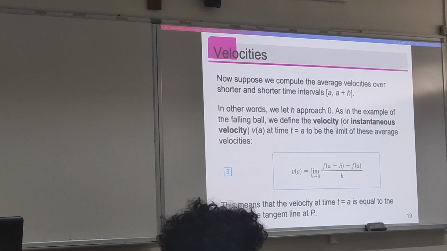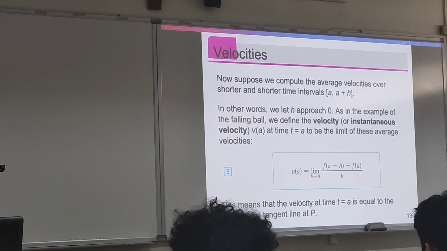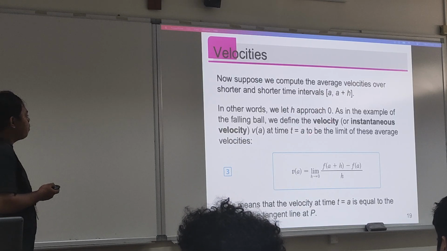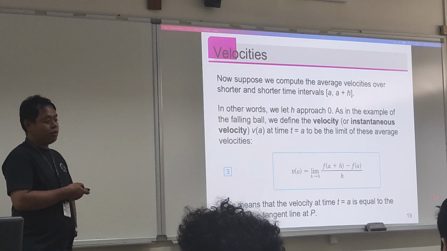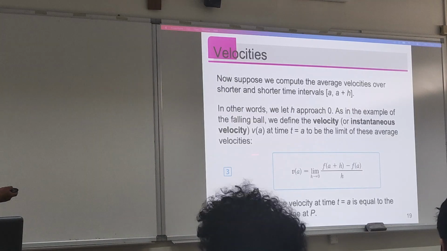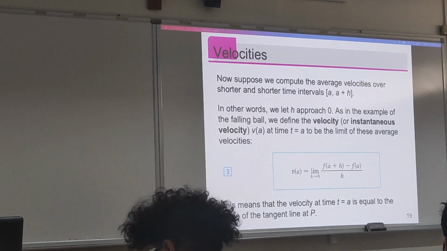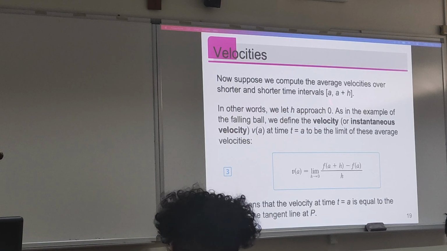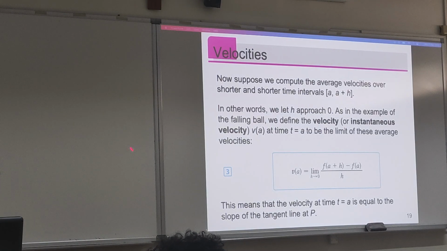Okay, now suppose we compute the average velocities over shorter and shorter time intervals of this given closed interval from a to a plus h. In other words, we let h approach 0, as in the example of the falling ball. So we define the instantaneous velocity v of a at time t equals a to be this limit of the average velocity.